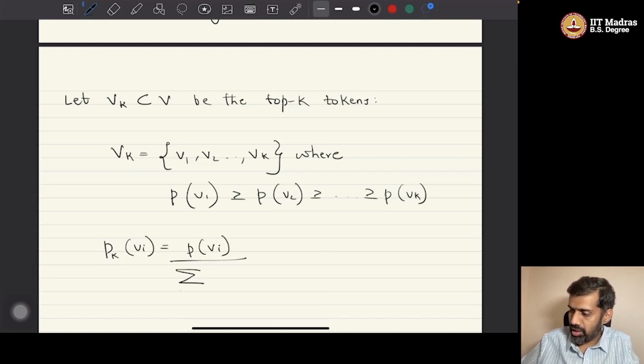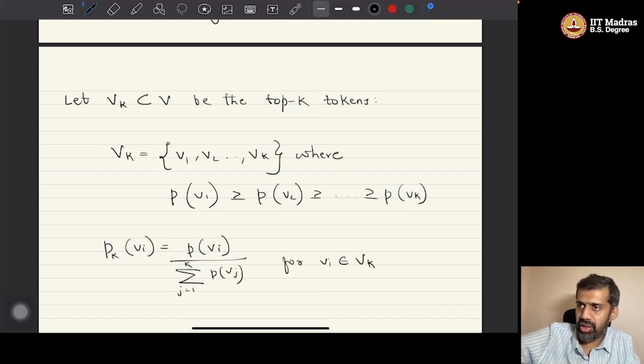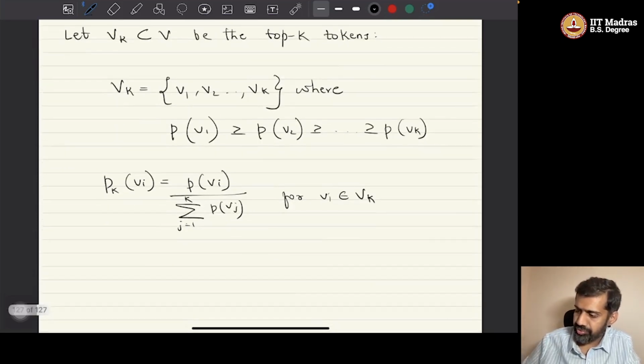All of these are the output of the transformer, P of Vj for Vj in this truncated vocabulary, and then you sample from the new categorical distribution that is obtained.